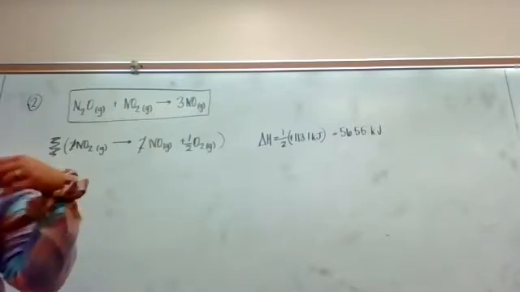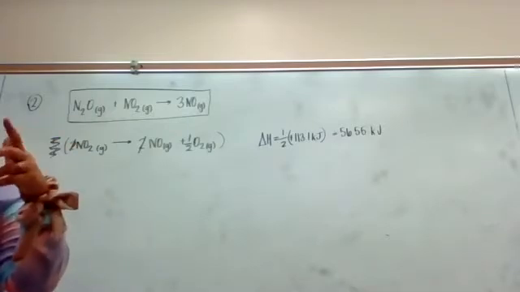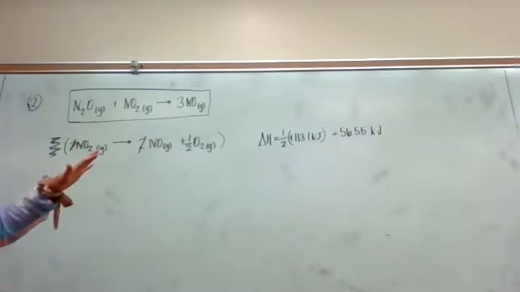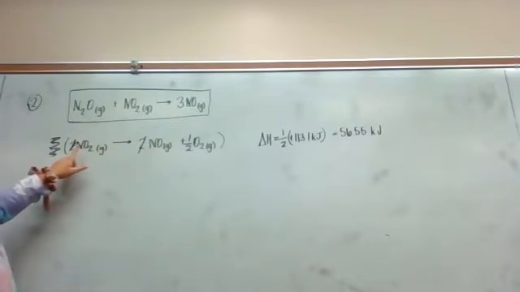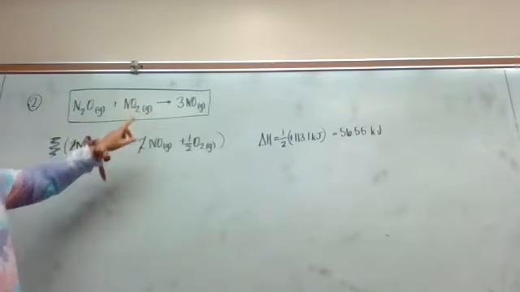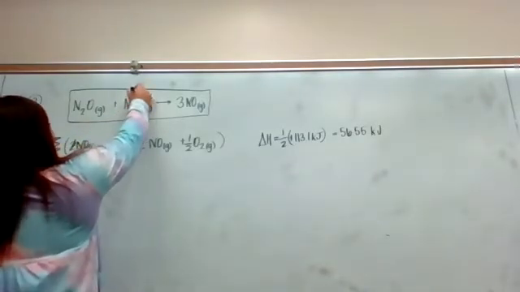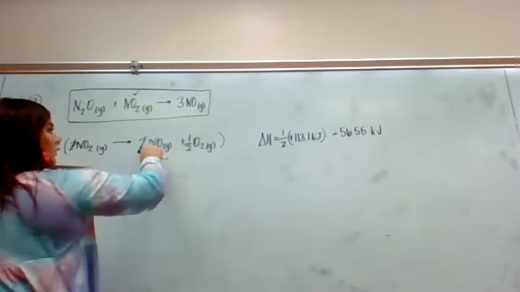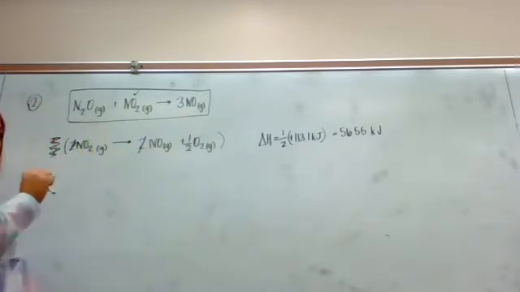Okay, let's look at the next equation. All right, from this one, we took care of our NO2. We've got 1 NO. We still need 2 more. You look at that second equation, that's the only thing in that equation that we actually need.